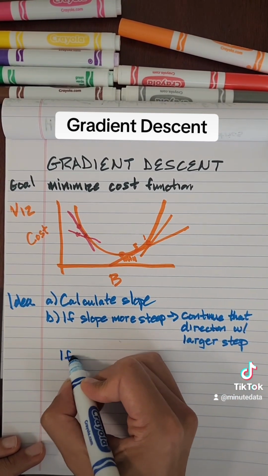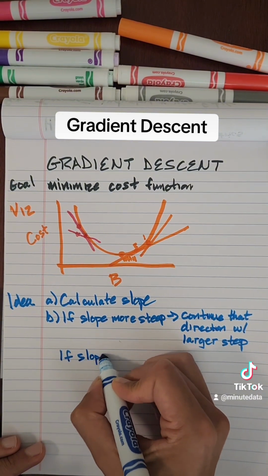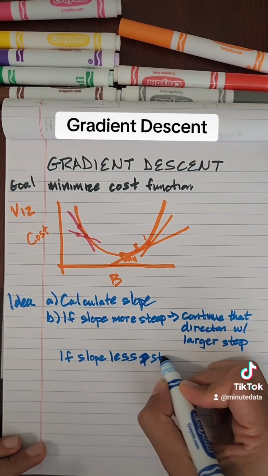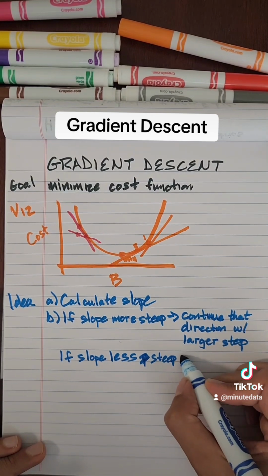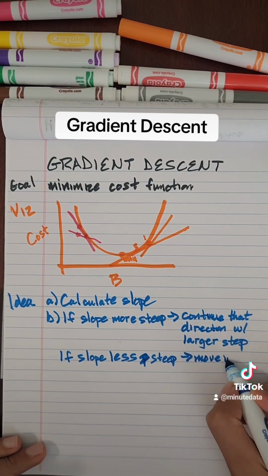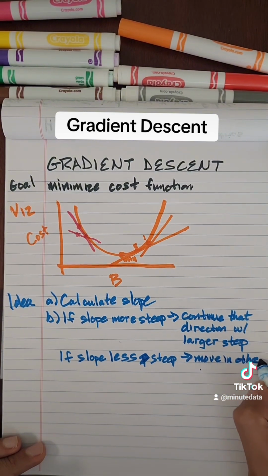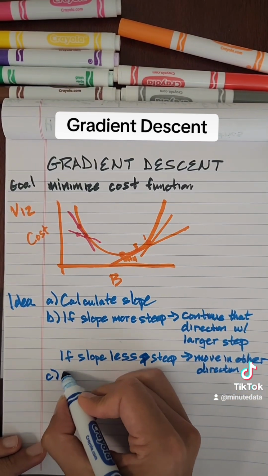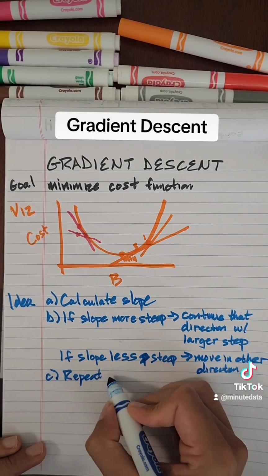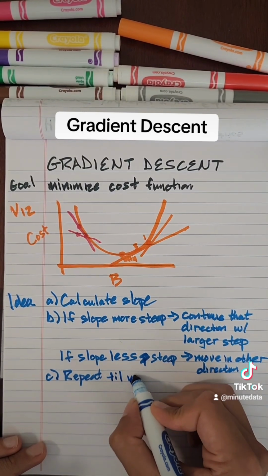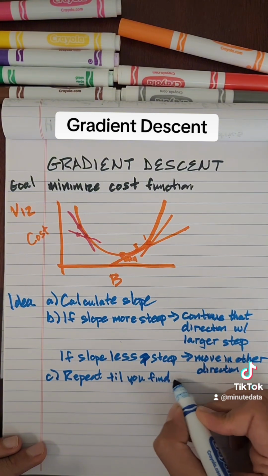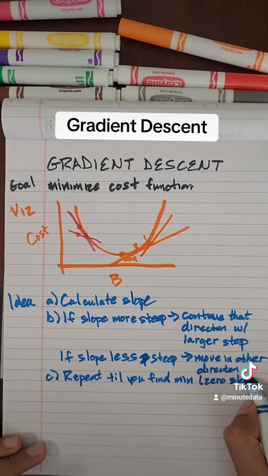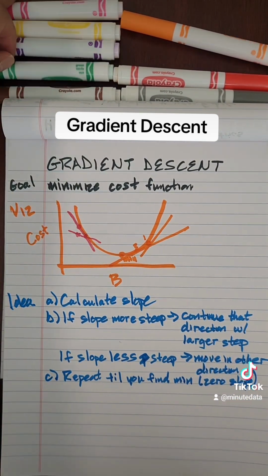However, if the slope is less steep, then move in the other direction. And then you want to repeat this until you find the minimum, which is the case when the slope is 0. So that's the basic idea.